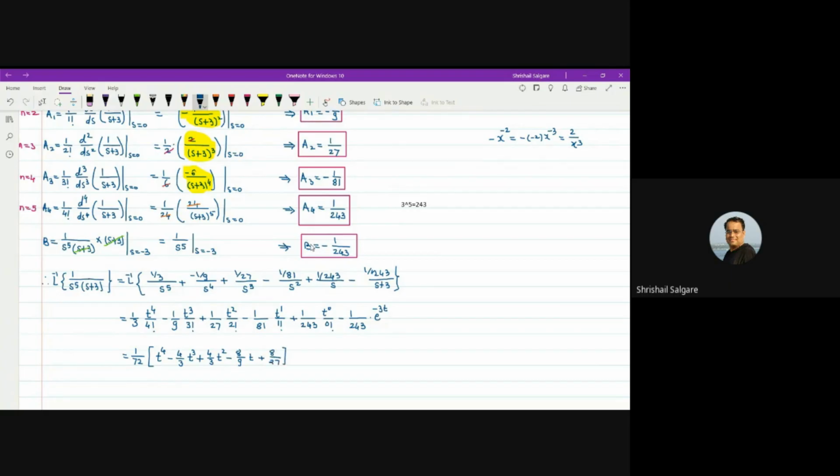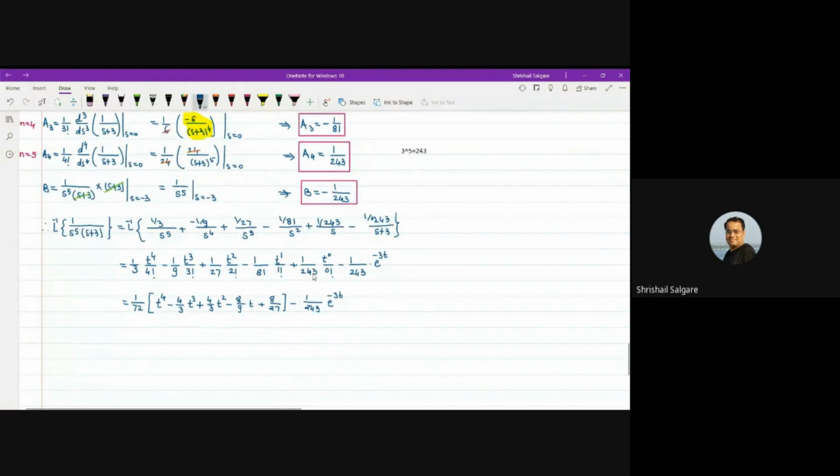And suppose the last term I'm writing as it is, 1 upon 243 into e to the power minus 3t. I think it's correct. So that value you have to substitute in equation 1.